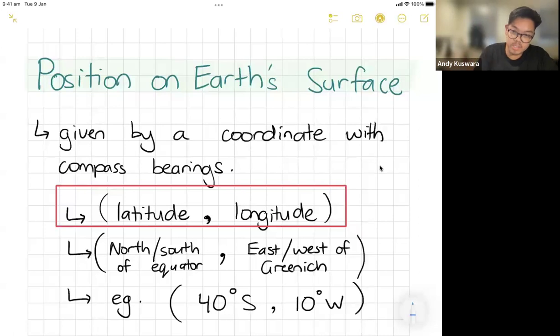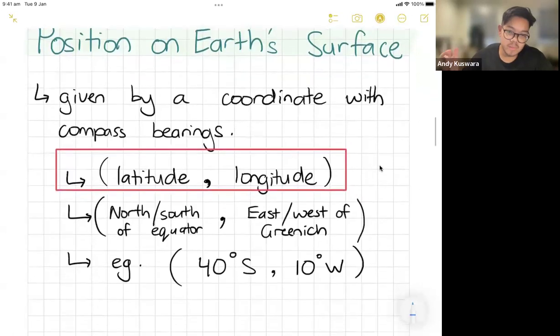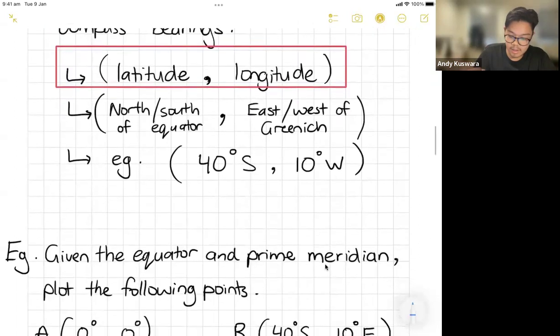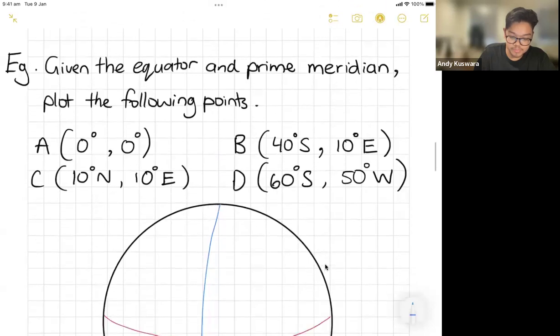The way it works is you have latitude and then longitude, a particular latitude and longitude that pinpoints your location. Latitude means north or south of the equator, and longitude means east or west of Greenwich. For example, somewhere random might be 40 degrees south, but 10 degrees west. And we'll do an example real quick.